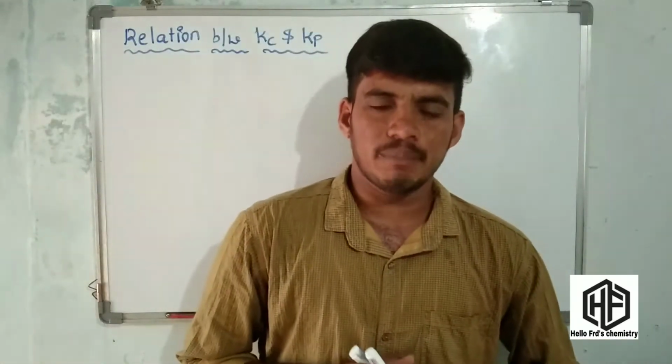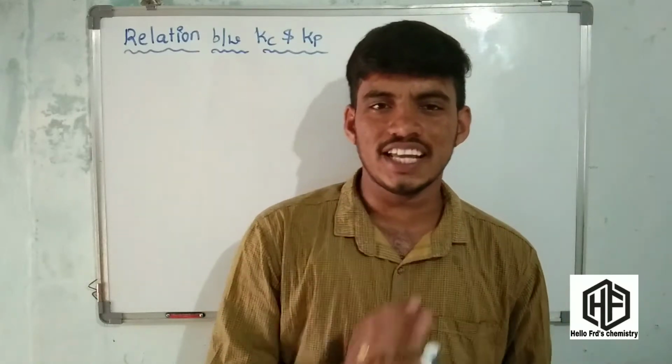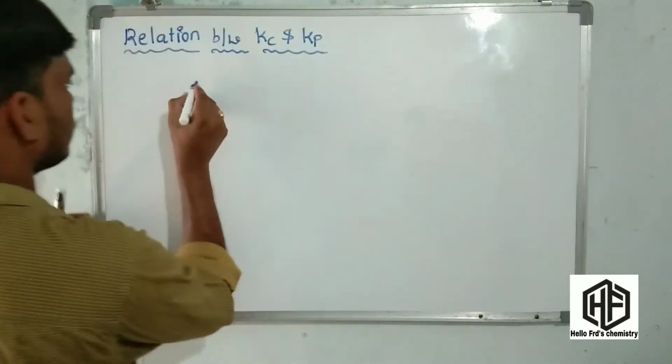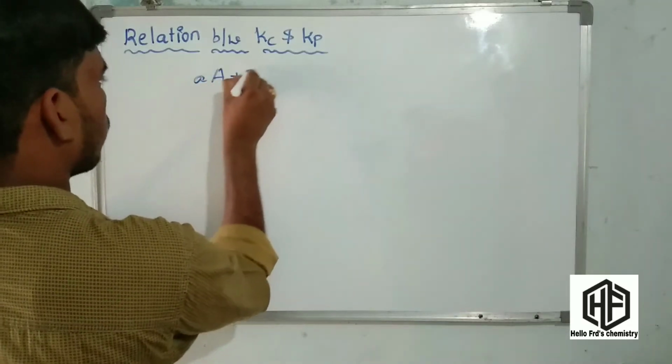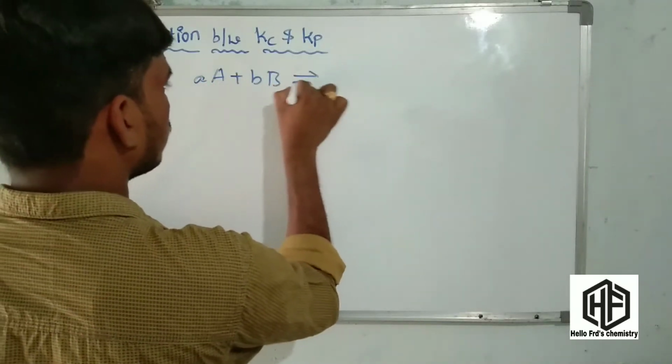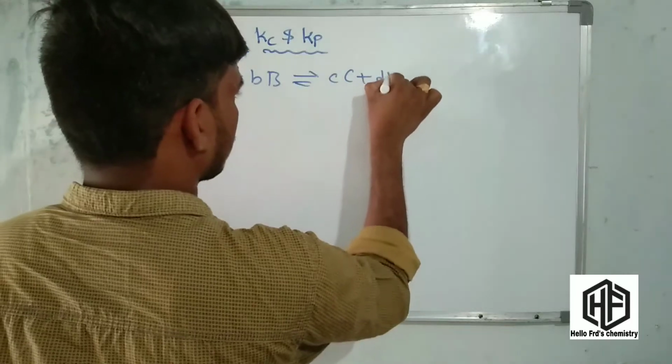Friends, the relation between Kp and Kc. First of all, consider a general reaction: aA plus bB gives cC plus dD.